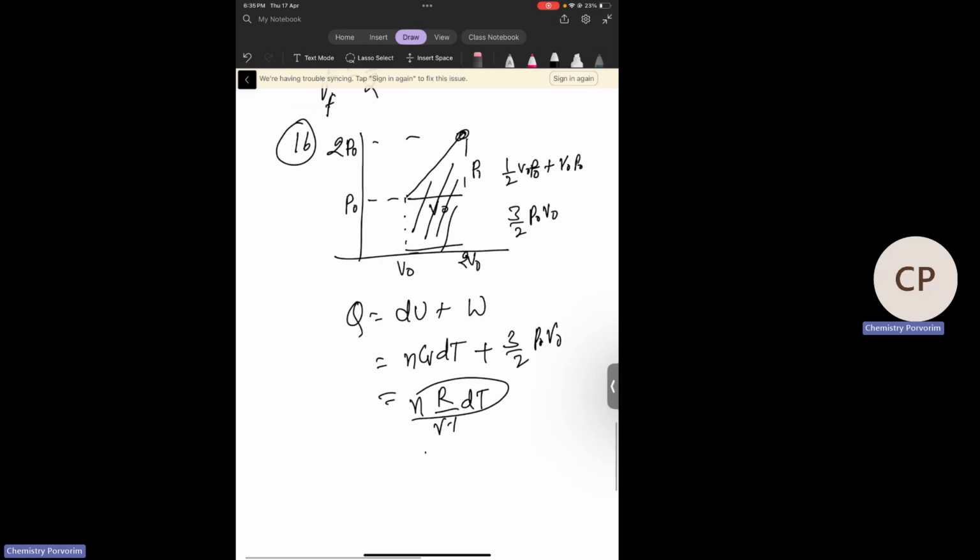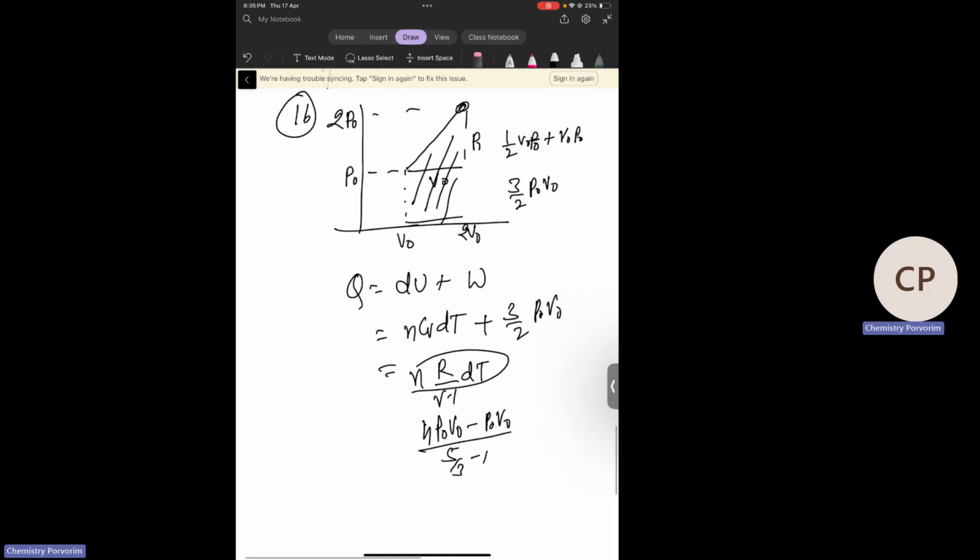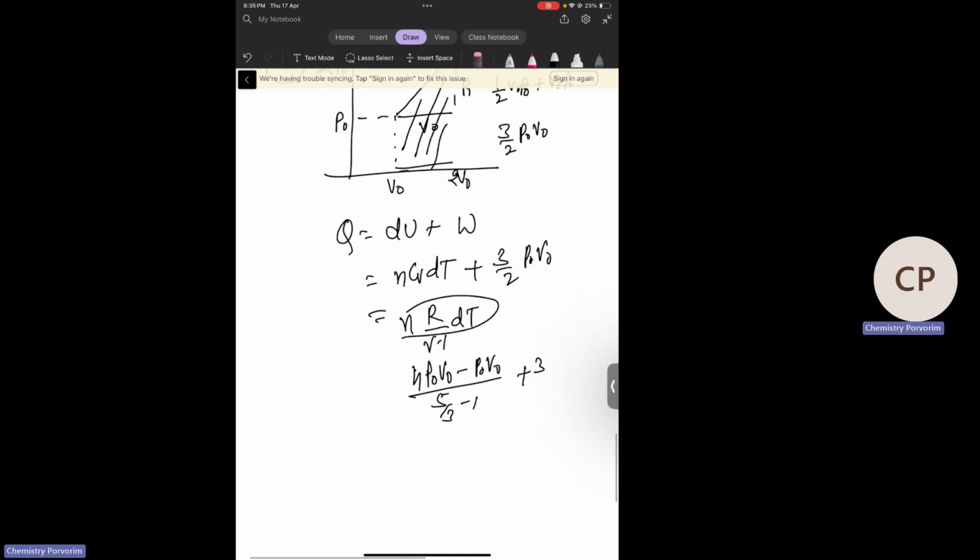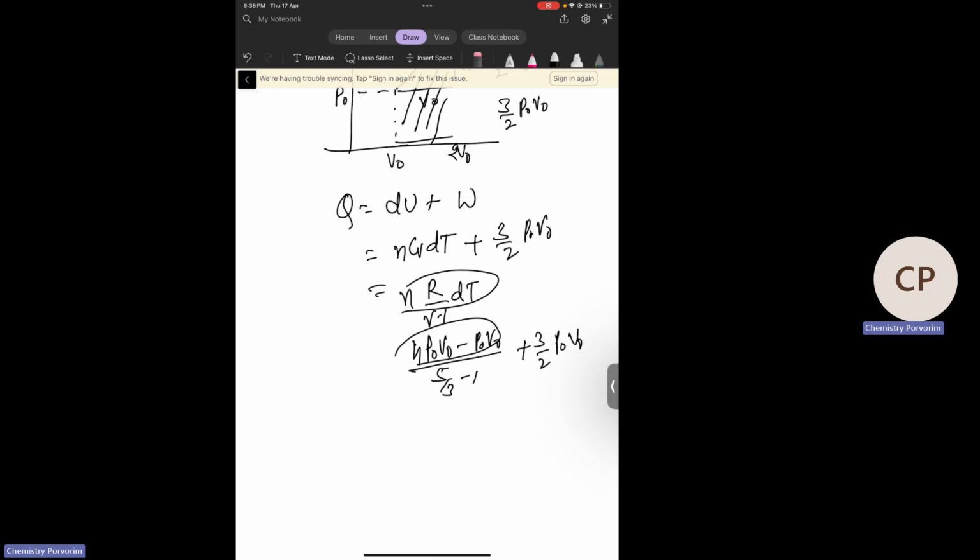So P2 V2 is 4 P naught V naught minus P naught V naught, upon gamma, for monoatomic gas 1/3, plus 3/2 P naught. 3, 3 and 3, 9/2 P naught V naught plus 3/2 P naught V naught, 6 P naught V naught.